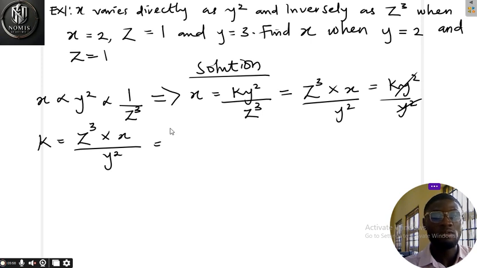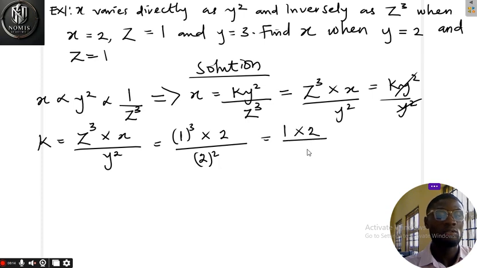So z raised to the power of 3, what's our z? 1 raised to the power of 3 multiplied by x, what's the value of x? 2, all over y. The value of y is 3, so 3 raised to the power of 2. So 1 raised to the power of 3 is 1, multiplied by 2, all over 3 raised to the power of 2 which is 9. So our constant is 2 over 9.